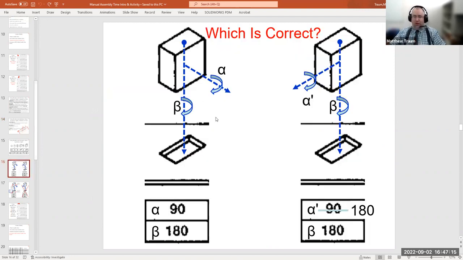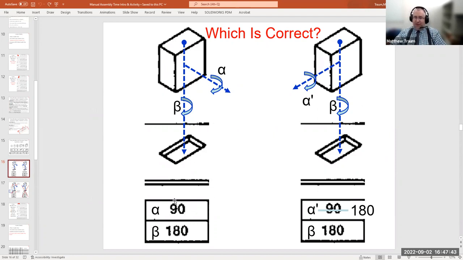And so using that definition, if this part is being inserted downwards, the axis around which alpha rotates could either come out of the square shaped face, or equally valid in that it could come out of the rectangular shaped face, which I call alpha prime. And both of those are correct, right?